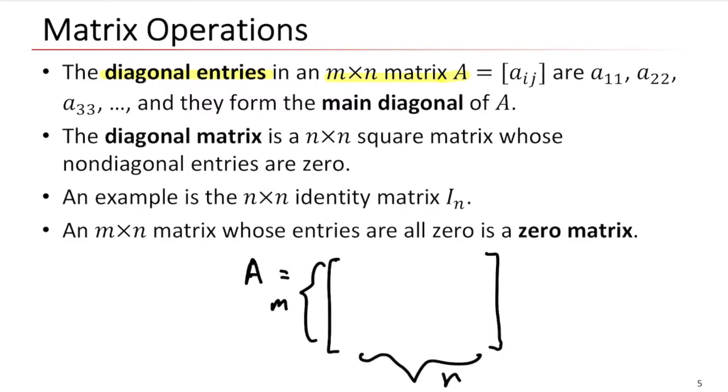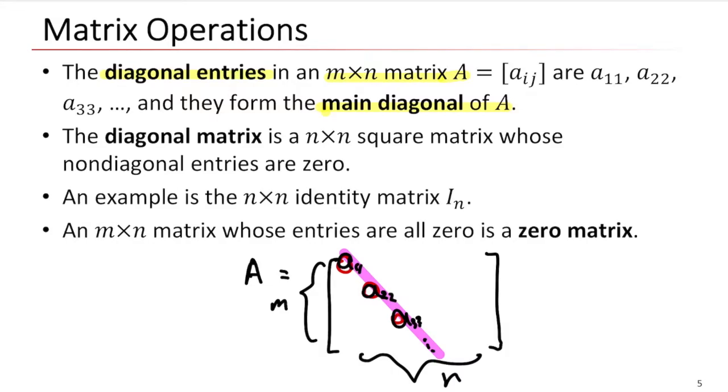In this case, something like A11, A22, A33, and so on. This is called the diagonal entry. They form the main diagonal of the matrix A. Okay, something like this is the diagonal entry in an arbitrary matrix.